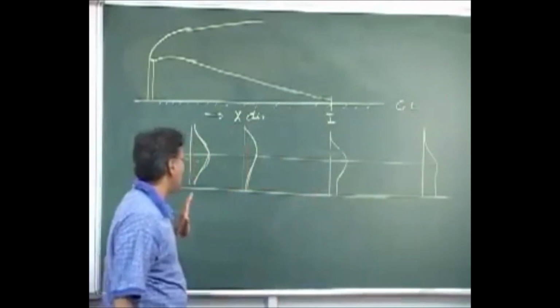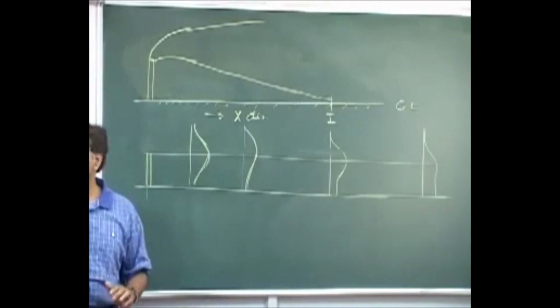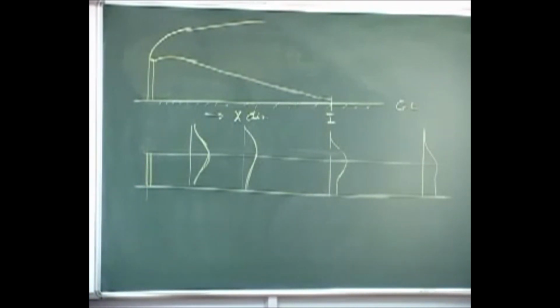So in the equation which I wrote earlier, we had assumed that ground reflection we had not considered. So we have to consider the ground reflection also, that is, how much could be the change in the concentration because of the reflection from the ground.